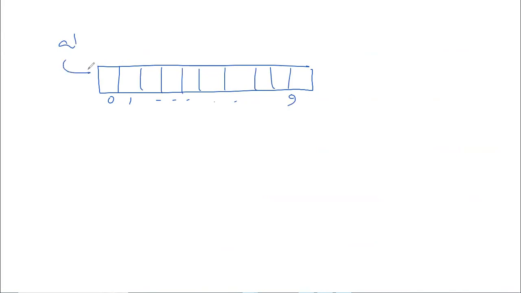For example, this is an existing ArrayList of 10 elements, indexes 0, 1, and so on up to 9. One AL object is pointing to this location, and it consists of data like 10, 20, 30, 40, and so on up to 100.